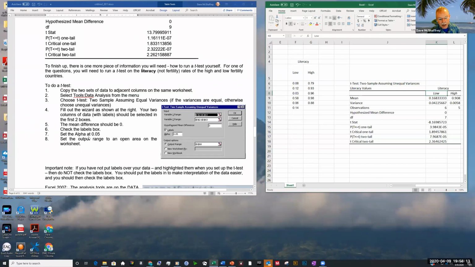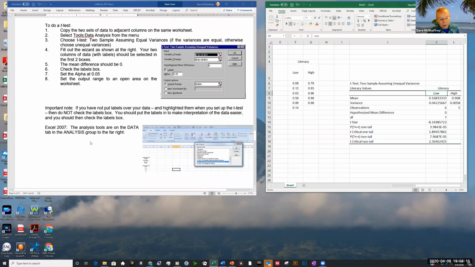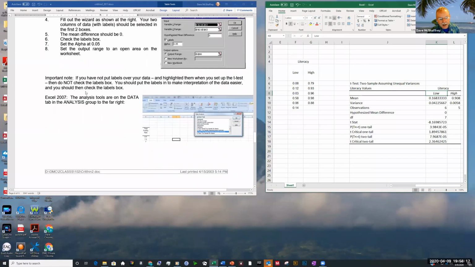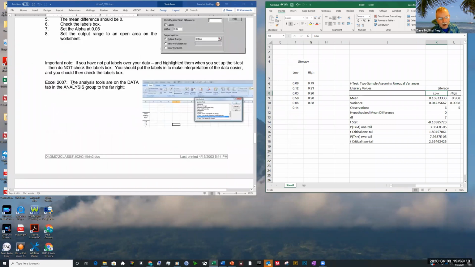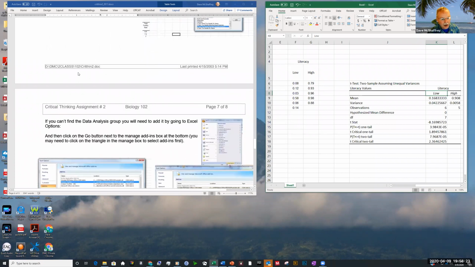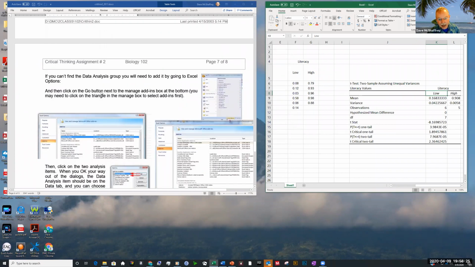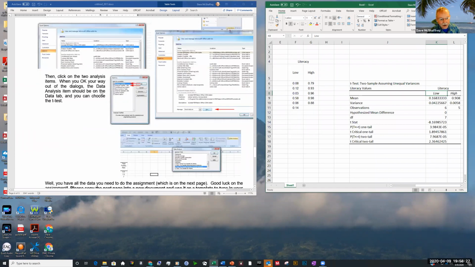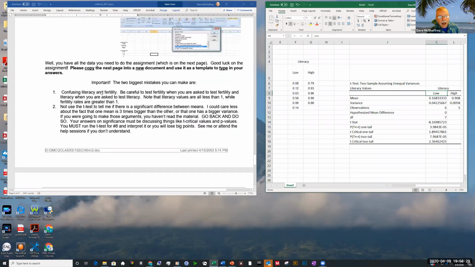Here are the instructions to do that step by step. It shows you how to do it in Excel 2007. I just showed you in the newer version of Excel. And it shows you how to manage the add-ins there too. Now, the 2 biggest mistakes you can make here are confusing literacy and fertility.